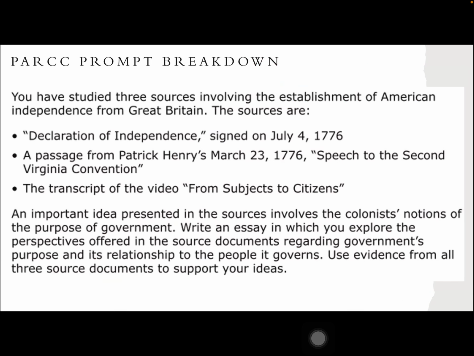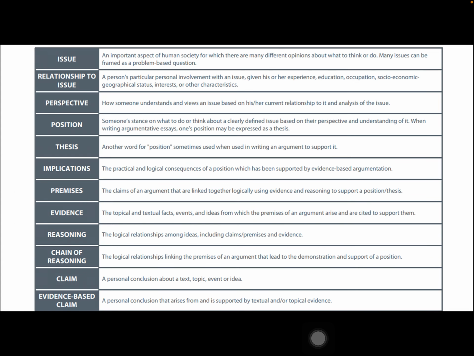I'm going to save this one actually until tomorrow, so we're not going to go over it. These are just some common phrases that you'll probably see on the MCAT, things like perspective, how someone understands and views an issue based on his or her current relationship to it, and analysis of the issue. What I think about here is maybe like COVID relief.